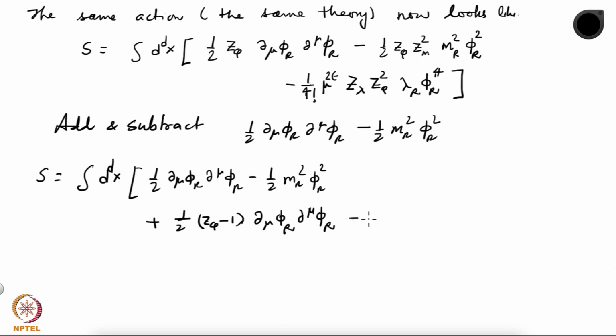So minus half, okay, looks like cannot write at all, minus half, let me try again, Z phi Zm square minus 1, okay, m r square.